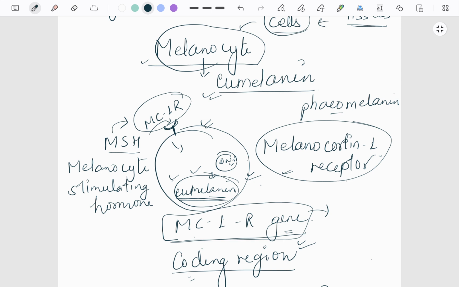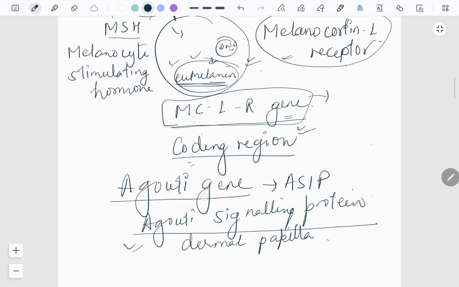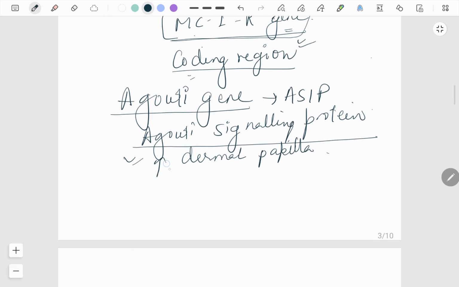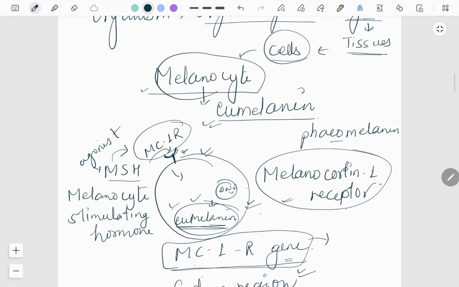So there is a natural antagonist, and that antagonist is agouti signaling protein. So the natural agonist of this MC1R receptor is MSH, and the natural antagonist of the MC1R receptor is ASIP.